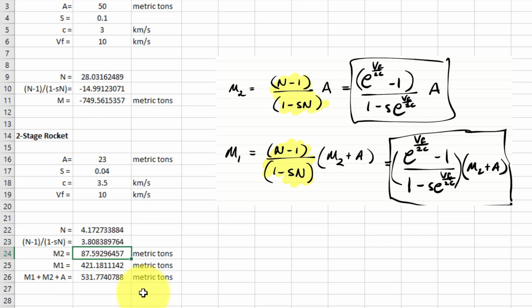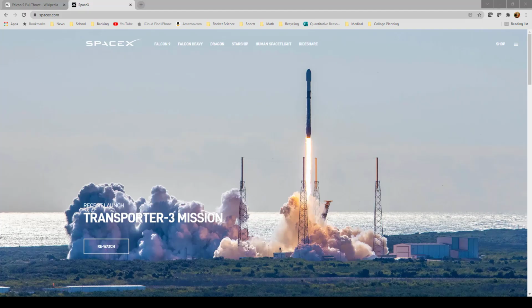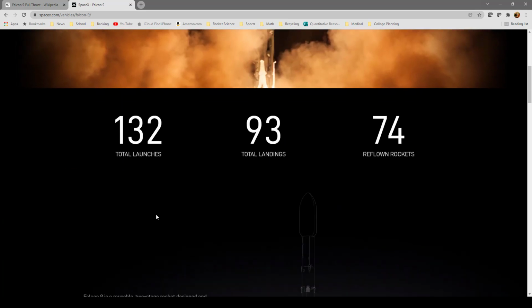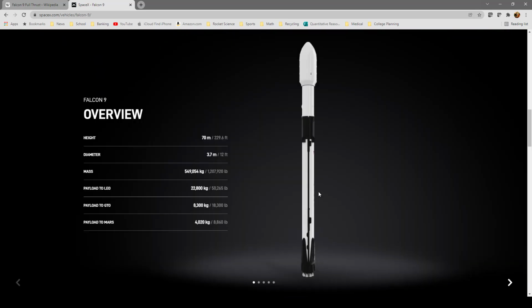So let's compare what the actual values are for the Falcon 9. This is the SpaceX website, and here's a section for Falcon 9. With the Falcon 9, you get some basic data here on the website. Looks like total mass is 549,000 kilograms, which would be about 549 metric tons. And payload to low Earth orbit, this is where I'm getting the 23 tons, roughly 23 tons.